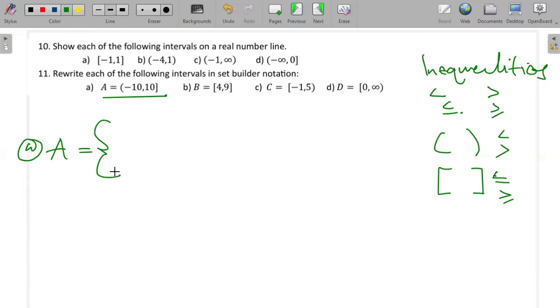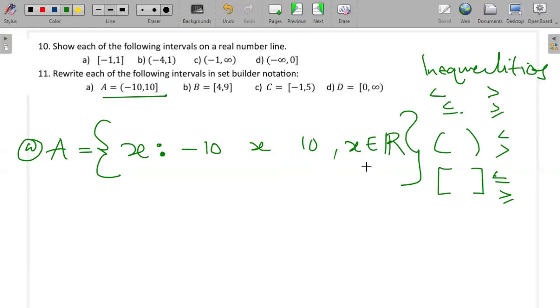It will be the set of all x's such that x is between minus 10, I'll put x, and then 10, and this x is a real number. For intervals, it's only real numbers.